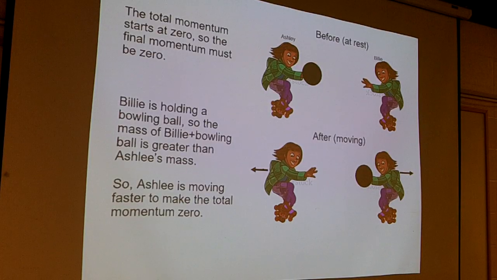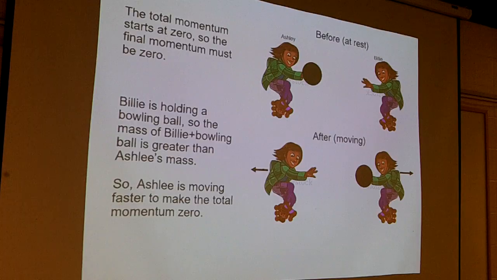So for momentum, I use the letter P sub A to represent Ashley's momentum, and the momentum of Billy I use the letter B to represent. Of course, the directions are opposite, so they differ by a sign like this. The amount will be exactly the same, but the direction is just opposite.